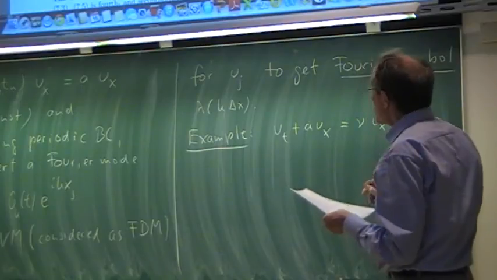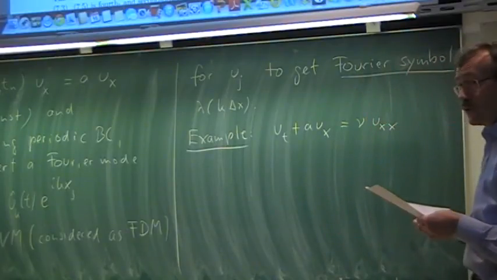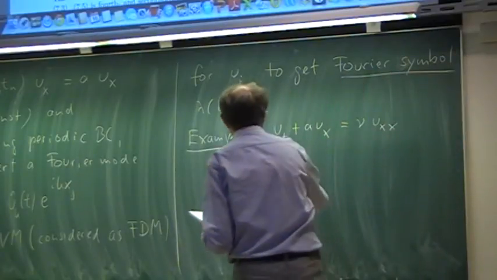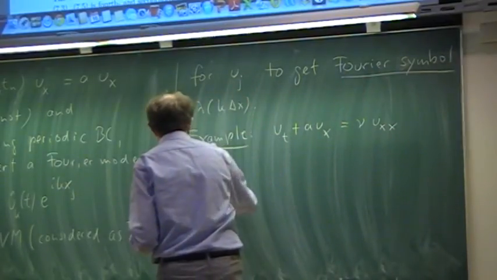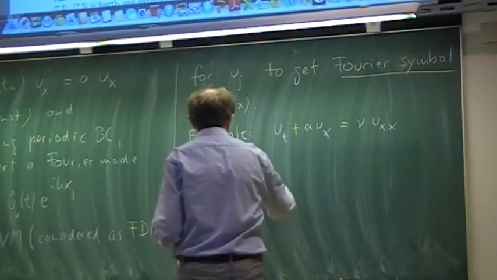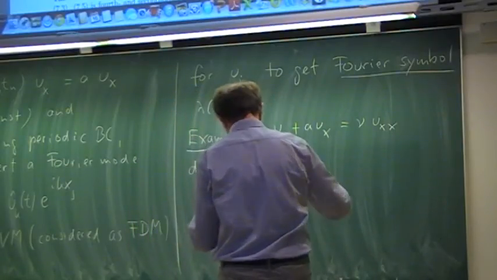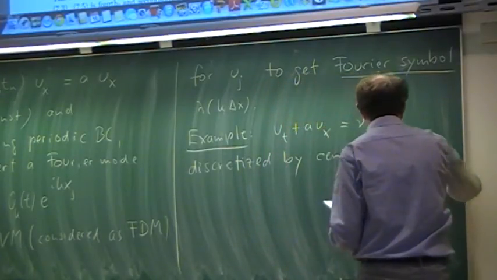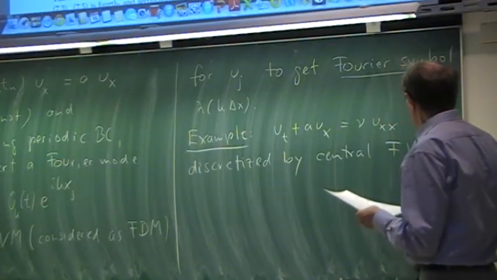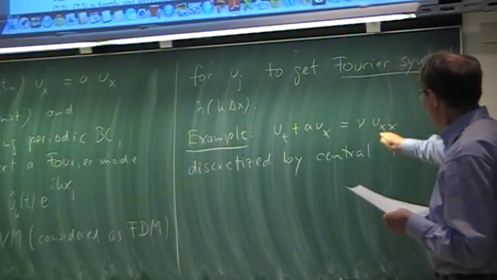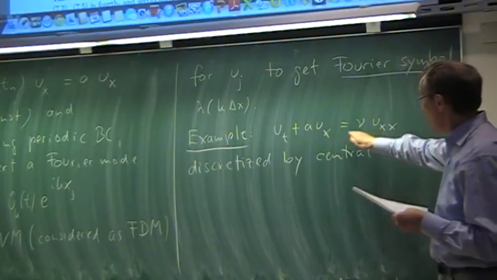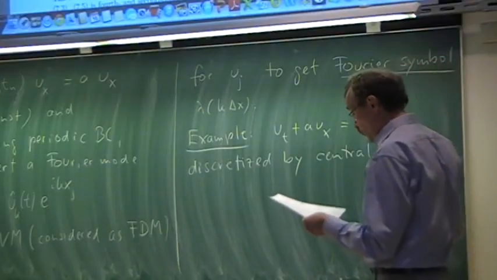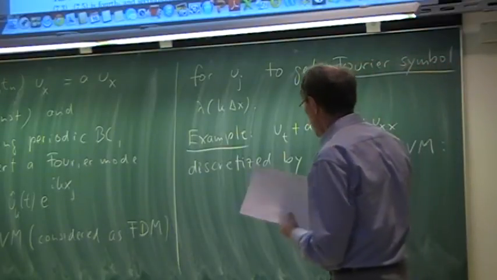So we want to discretize this convection diffusion equation with the central finite volume method. If we do that, and you have usually been doing that for the diffusion term, usually not for the convection term, but if we do it here now also for the convection term, we get the following.